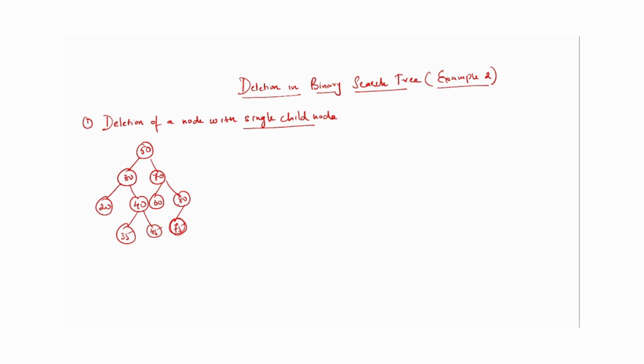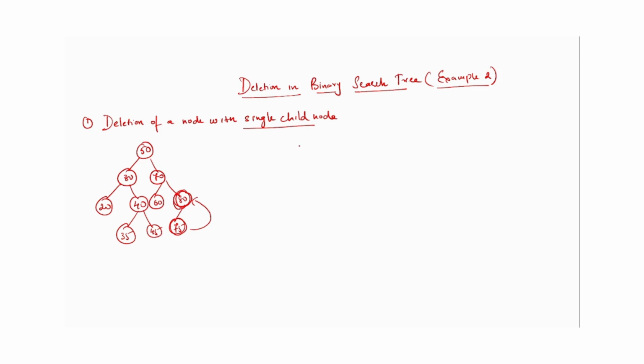So here if I want to delete 75, I can just simply delete 75, right? Suppose, okay, if I want to delete 80, so the thing is I want to delete 80, not 75. 75 is a node which has 0 child nodes. So if I want to delete 80 here, I can just delete 80 and 75 will go in place of 80. 75 will go in place of 80 clearly, right?